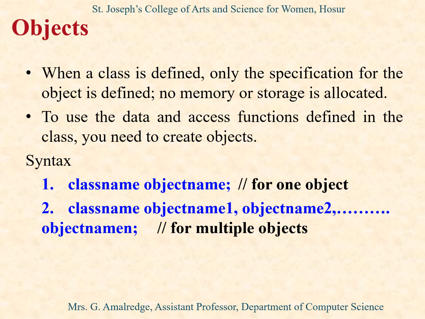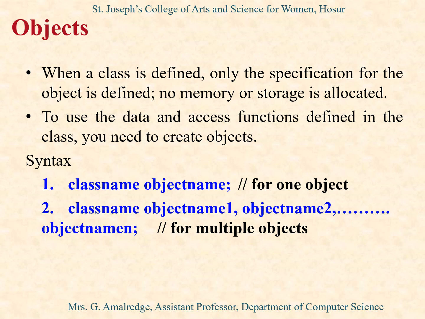Objects. When a class is defined, only the specification for the object is defined. No memory is allocated. To use the data and access functions defined in the class, you need to create objects. This is the syntax for creating objects in C++.